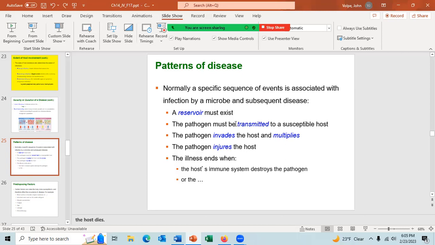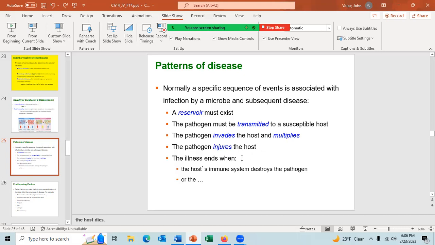Once the disease comes out of a reservoir, the pathogen must be transmitted to a susceptible host. The pathogen has to invade the host and multiply within the host. Furthermore, the pathogen has to injure the host. Without injury of the host, the patient won't have signs or symptoms of disease.